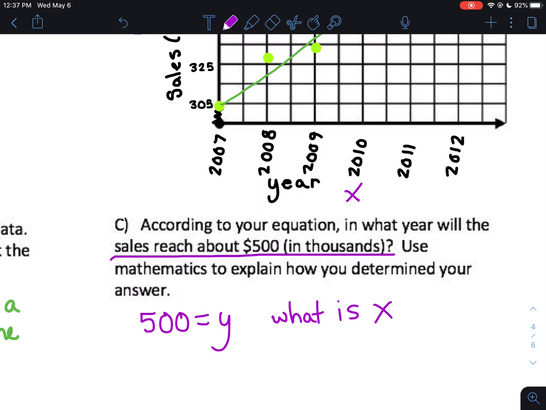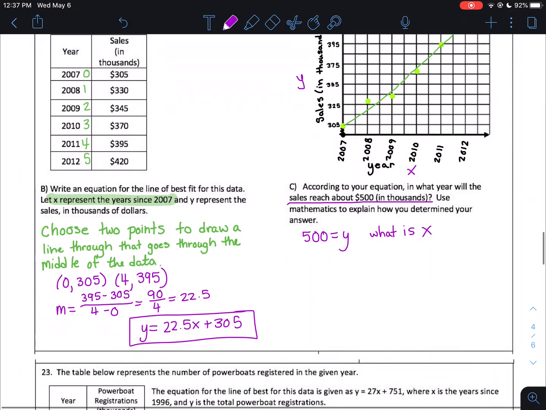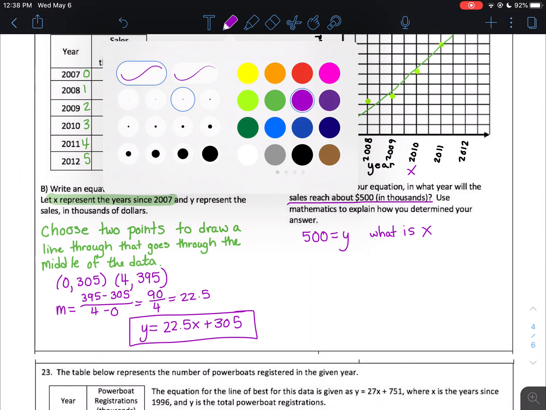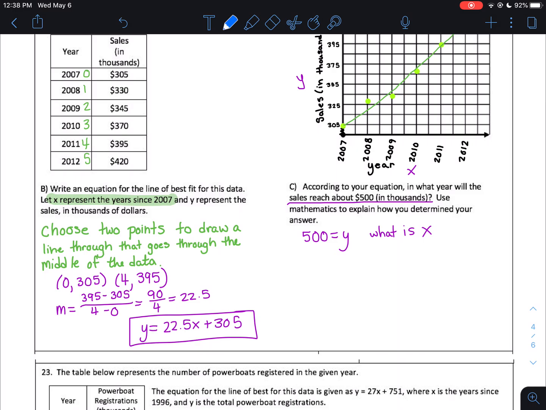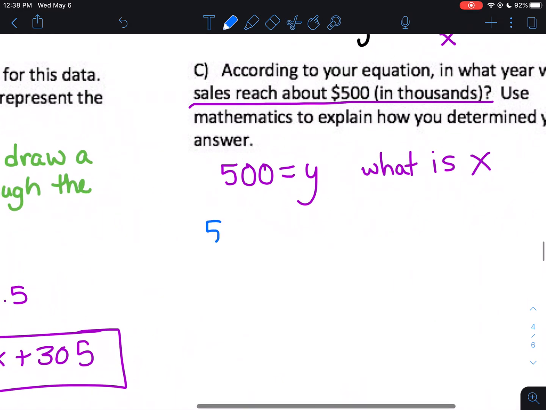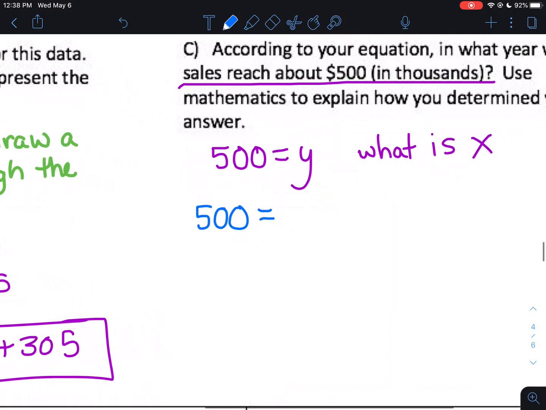Or after how many years? Because X is the years. Okay, so we're going to use our equation to help us solve this. Switch colors here. So what I need to do is plug in 500 for y and solve for x. So I've got 22.5x plus 305.